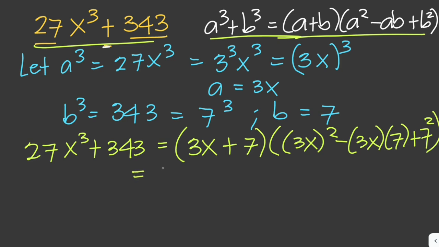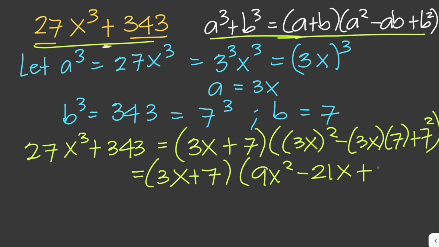And then we simplify. This is 3x plus 7 times 9x squared minus 21x plus 49. Therefore, 27x cubed plus 343 can be factored as 3x plus 7 times 9x squared minus 21x plus 49.